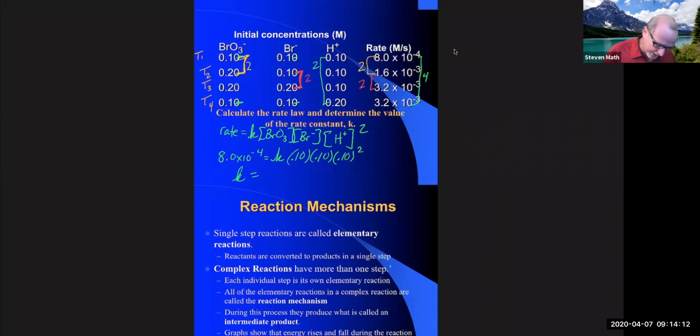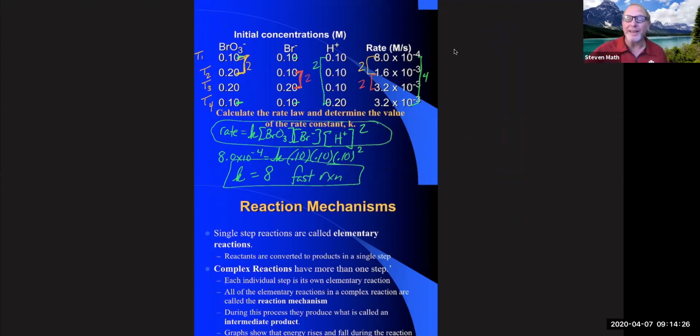Boom. k is 8. That's above 1. This is going to be a fast reaction. And if we want it to go faster, what are we going to do to make it go faster? We're going to add more H plus, because H plus was the one that had the highest reaction order.